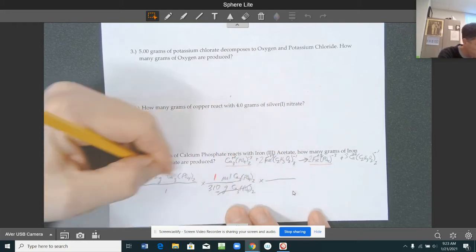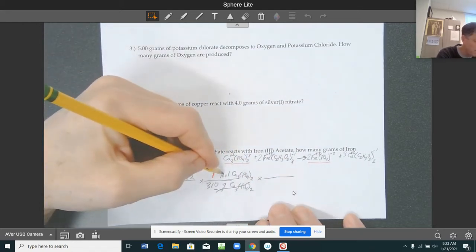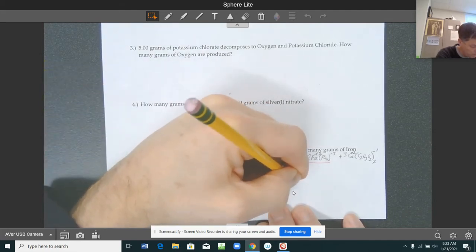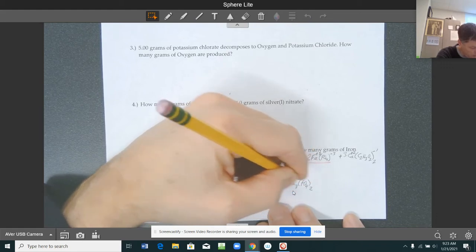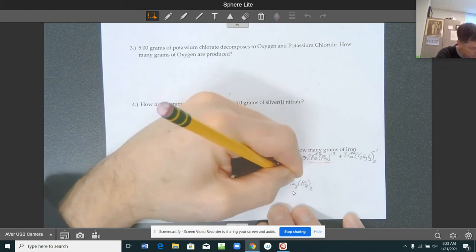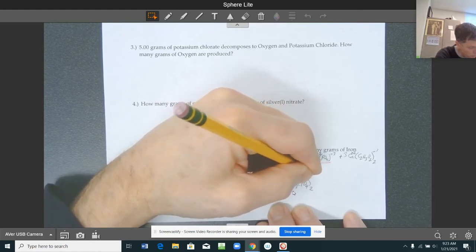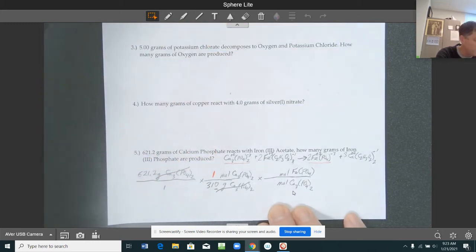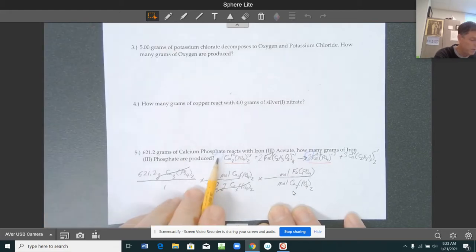Okay, grams of calcium phosphate's gone. I'm in calcium phosphate. I've got to get into iron phosphate, so I use my mole ratio. And this is why I say, hey, put those formulas in because you need to know where your switch substance is. Look at the values in front. So this is the same for every one of these.